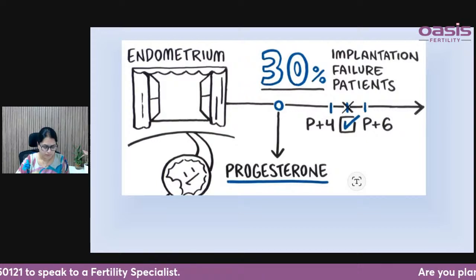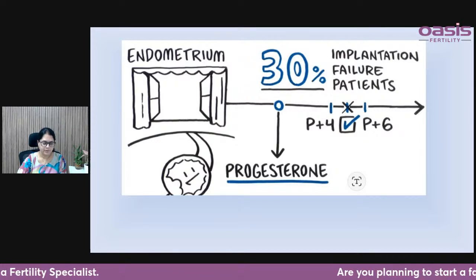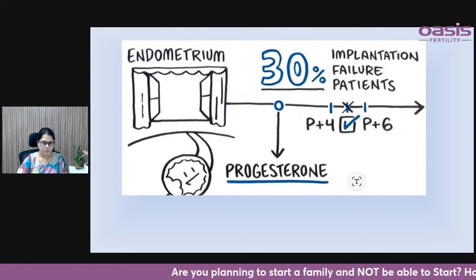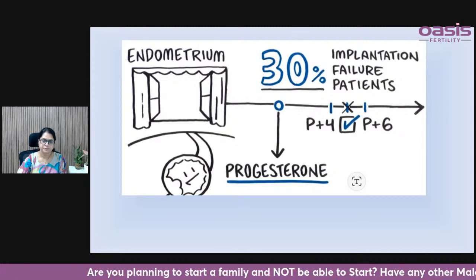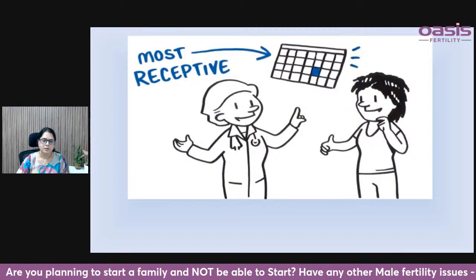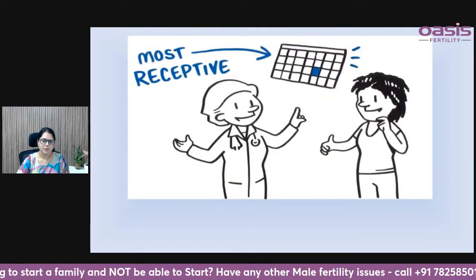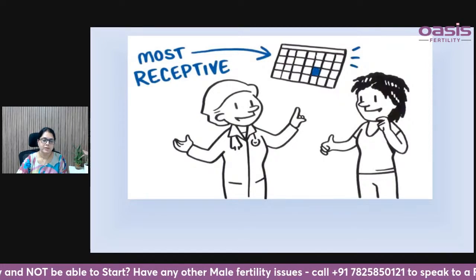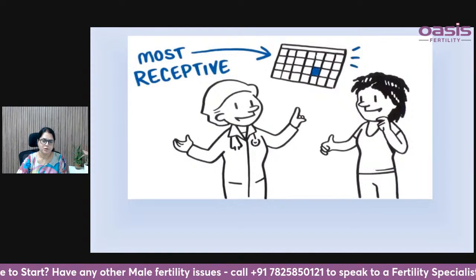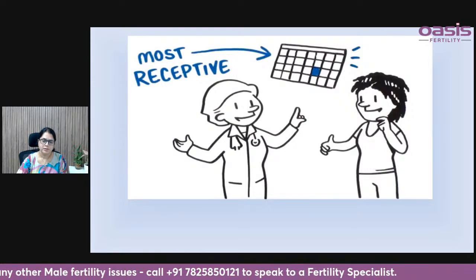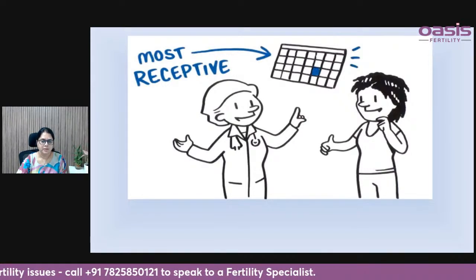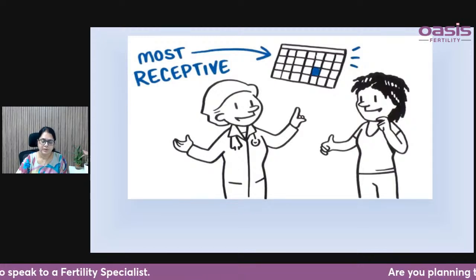So this may explain why some patients experience IVF failure despite having good quality embryos. ERA gives the result of when the endometrium is most receptive, and we can discuss embryo transfer on that receptive date.